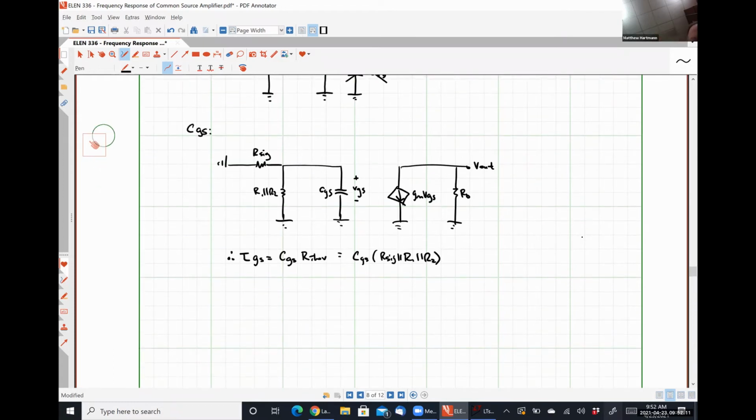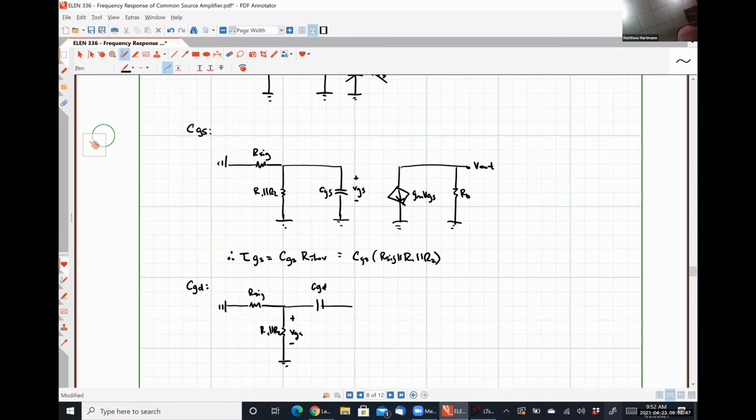Our gate drain capacitance, CGD, is going to see, so we're going to have R sig, here's R1 in parallel with R2. CGS is now open circuited, so it's not going to show up. Here is CGD.